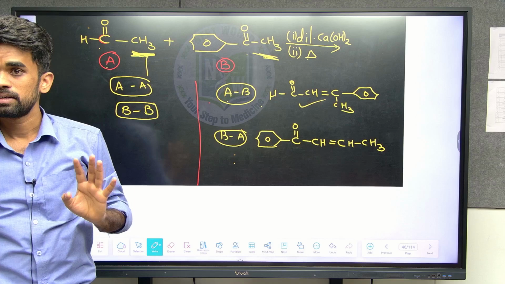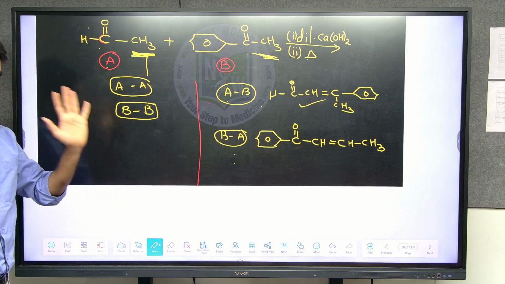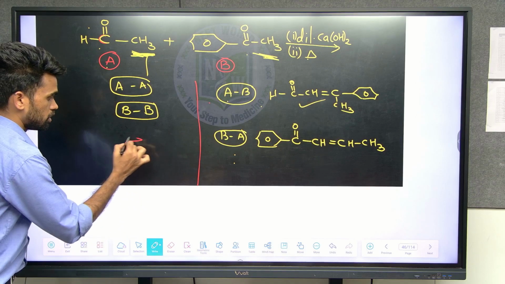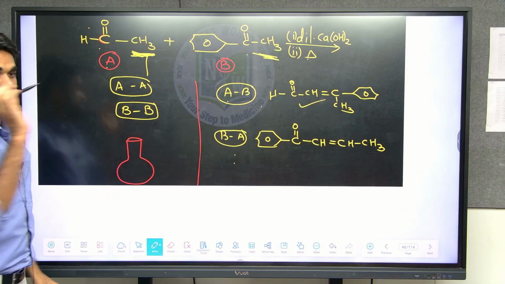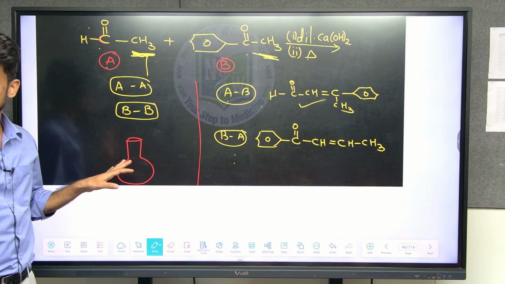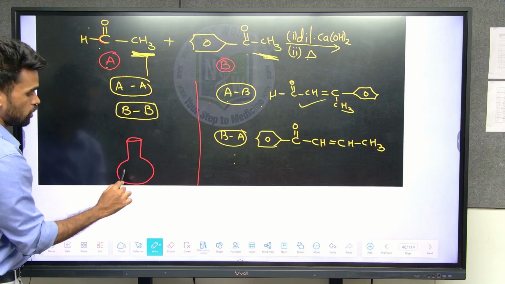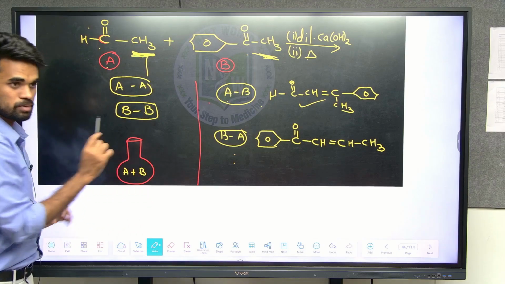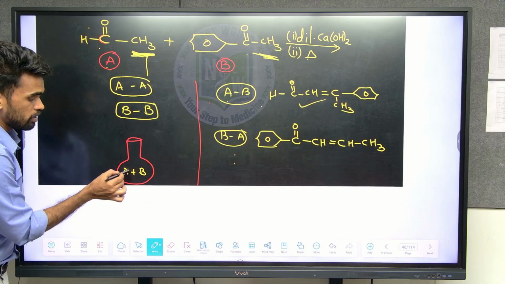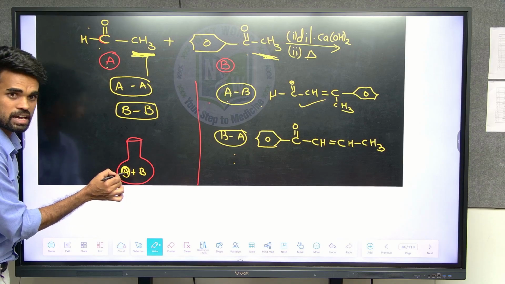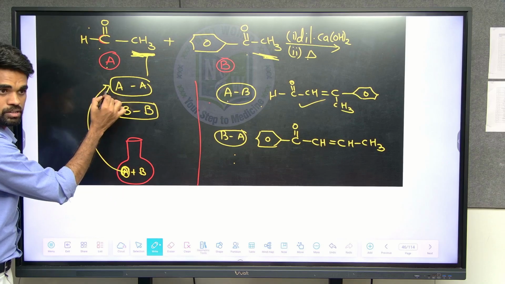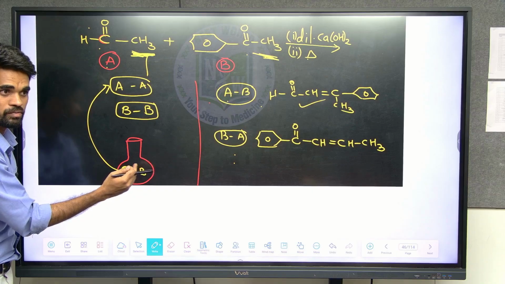Anyone? See, you just imagine you are in the lab. This is a reaction mixture. In this, the reaction is taking place. Now in this you have A and B, both of them are there. So now there is a possibility for A to combine with itself, yes or no? You will get this kind of product. You cannot stop whether they combine or not.